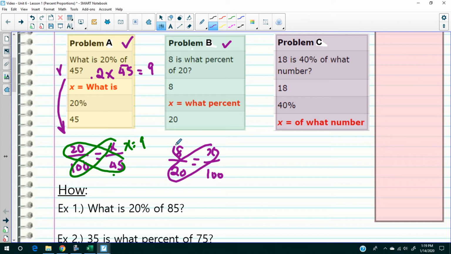Here I'm going to set it up, and then the next 4 questions I'll actually do with you guys, just to save a little bit of time. Now this last one: 18 is, the equal sign, 40% out of what number? And then you do 18 times 100 in your calculator, divide that by 40, and then you're good to go.